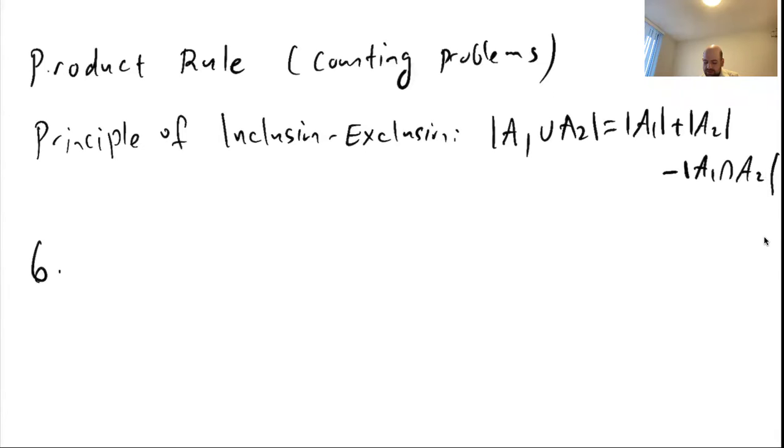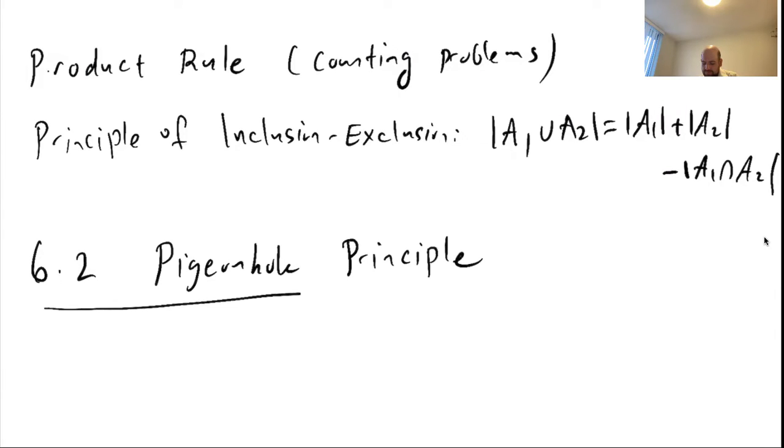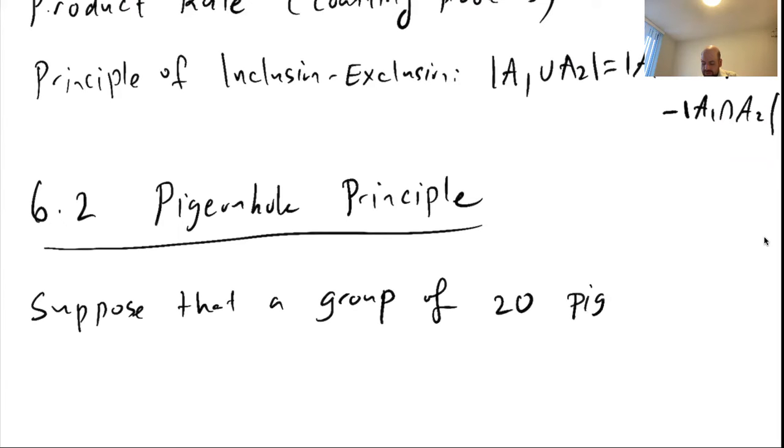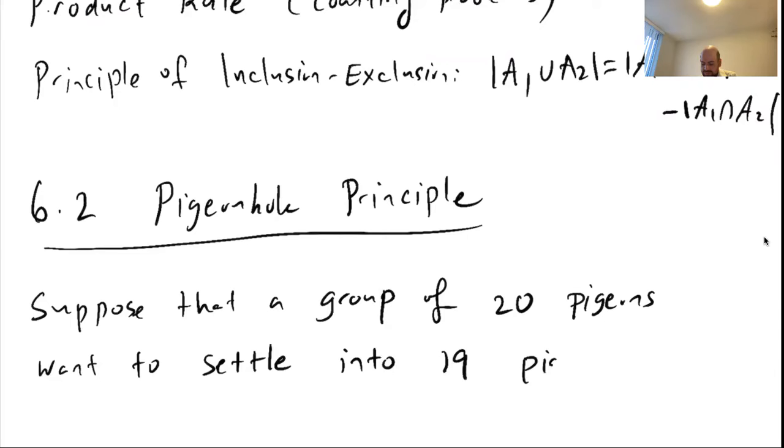Now this time we want to start 6.2, which is about the pigeonhole principle. So suppose that a group of 20, let's say, pigeons want to settle into 19 pigeonholes.